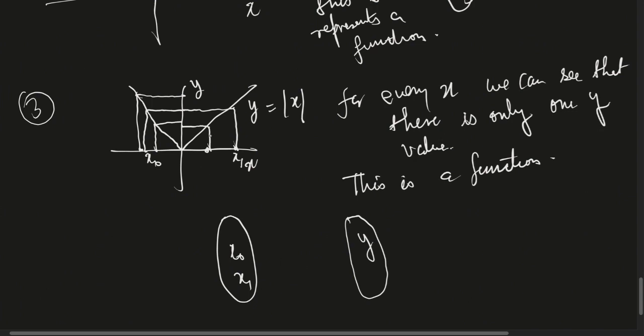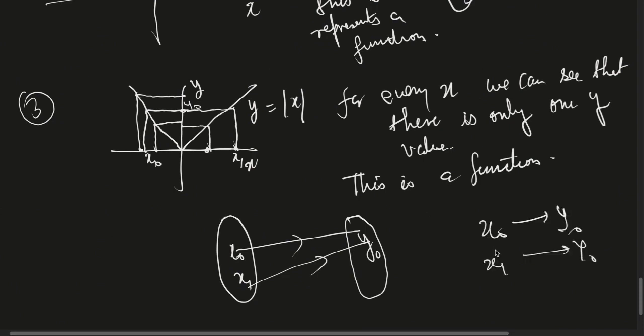Let us say this point to be some y naught. So x0 is being mapped with y naught, and x1 is also being mapped with y naught. But the condition that every element in domain should be mapped with only one element in codomain is being satisfied. x0 is mapped with only one element, that is y naught. x1 is mapped with only one element, that is y naught. Similarly, all other x have been mapped with only one value of y. So this is a function.